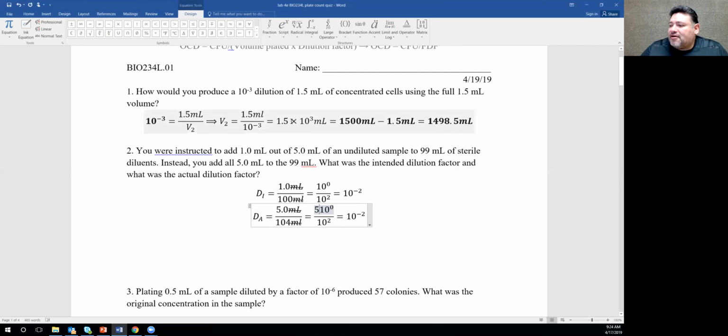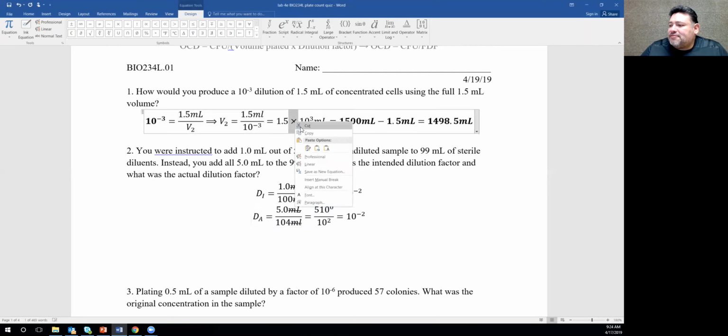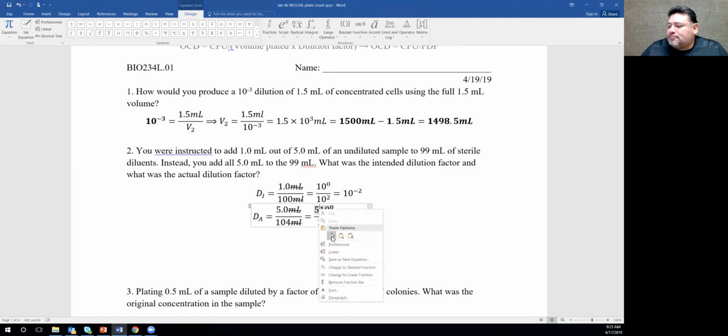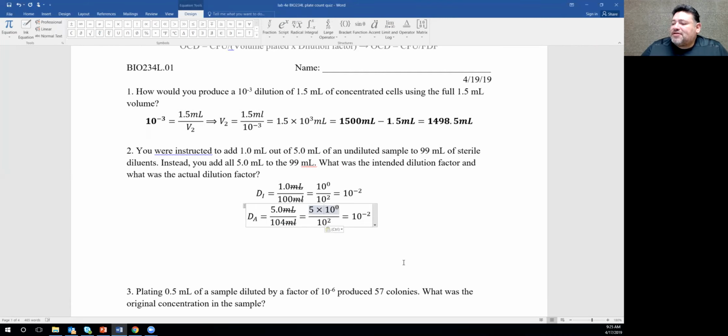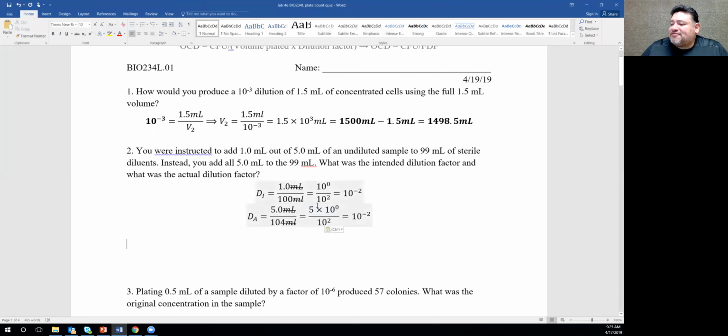I'll steal it from right here. 5 times, boom, 5 times 10 to 0, that's the same as 5 times 1. And then over here, this would be approximately 1 times 10 to the 2nd. So in other words, this doesn't change very much. Okay. So what do we have?